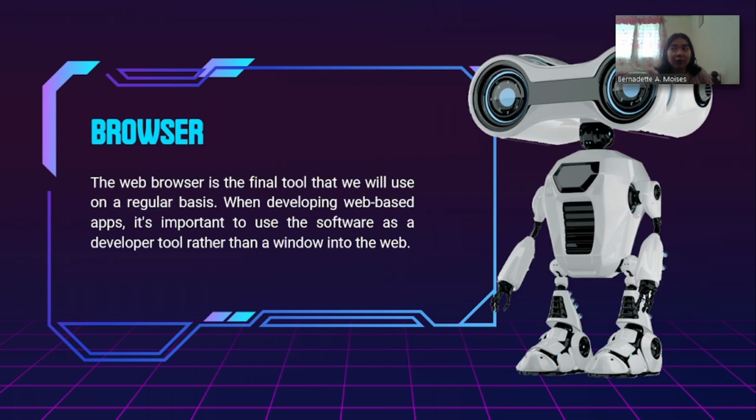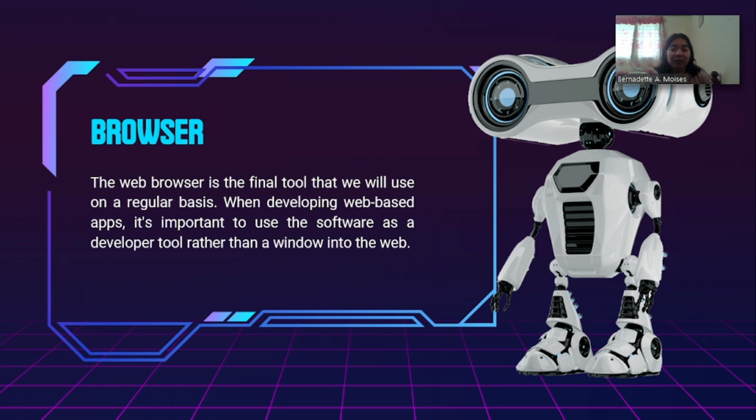Next, of course, once we're done with our structure in our text editor, we want to see the output of the code that we put in our text editor. That's why we need our browser. The web browser is the final tool we will use on a regular basis.